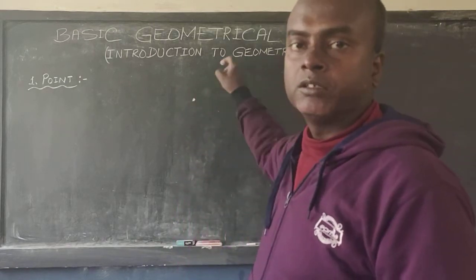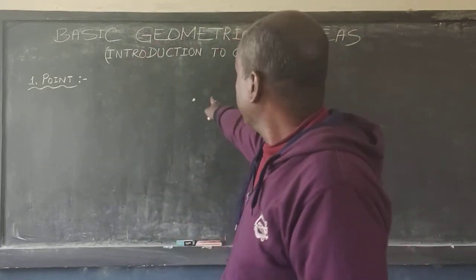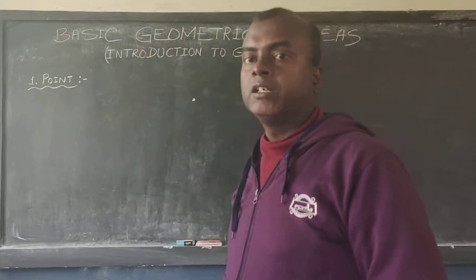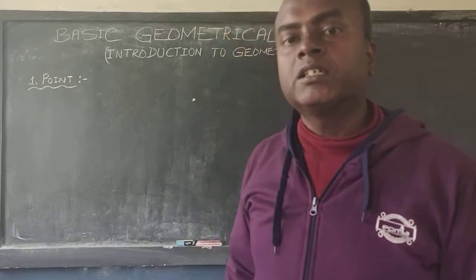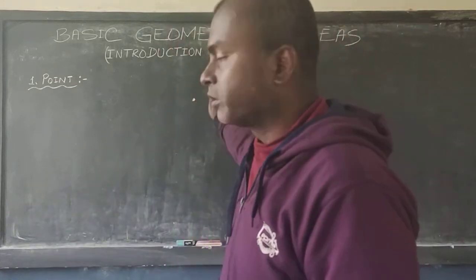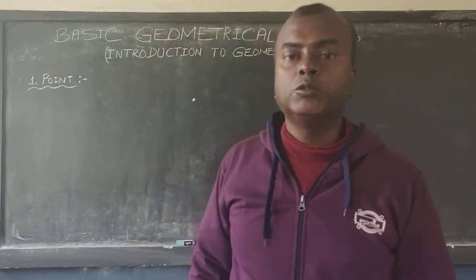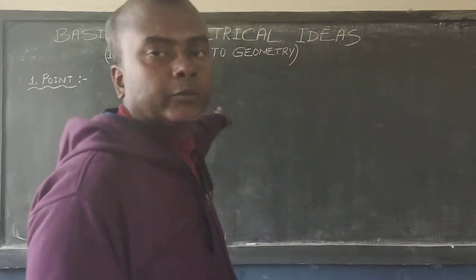There, I have drawn with my chalk an impression on the blackboard. That impression on the blackboard is called a point. And this point shows an exact location on the blackboard. Without that point, I couldn't have shown you the exact location where I am pointing with my finger.